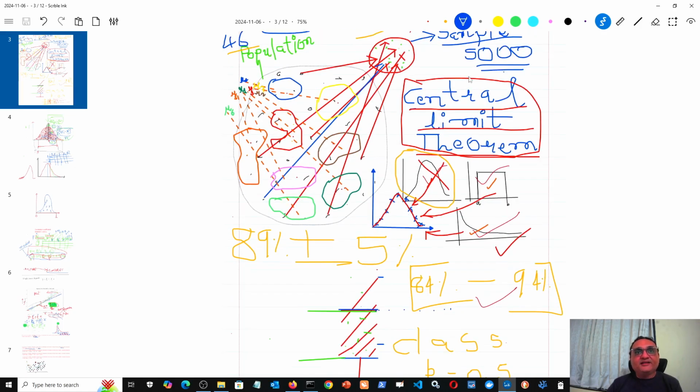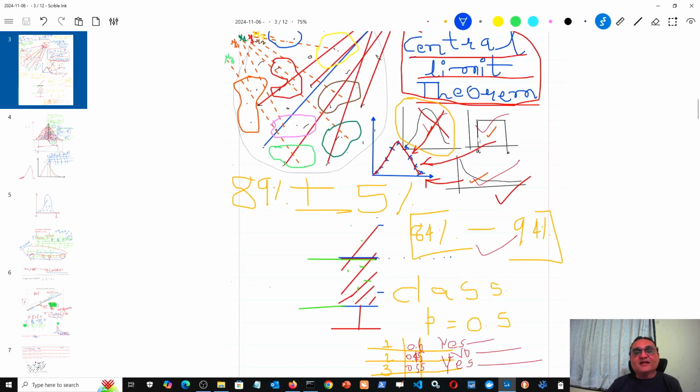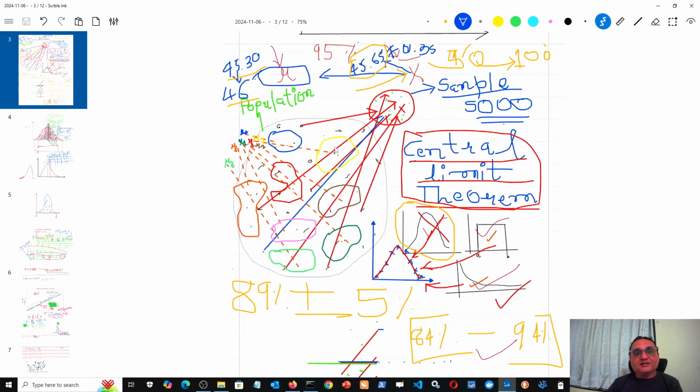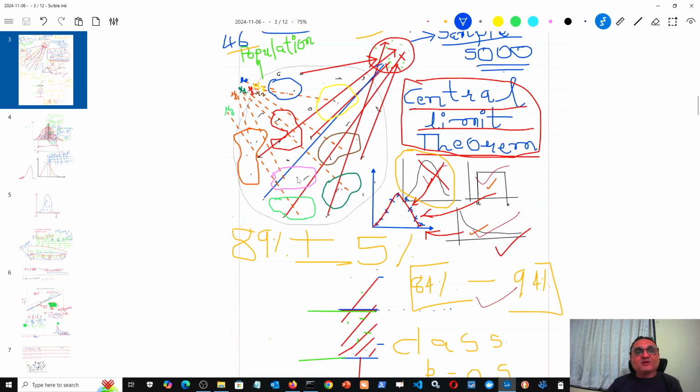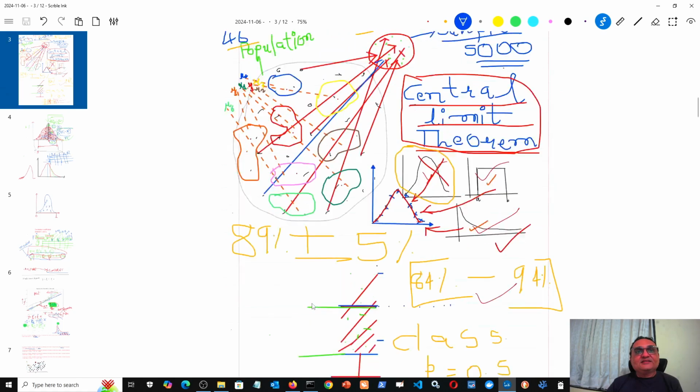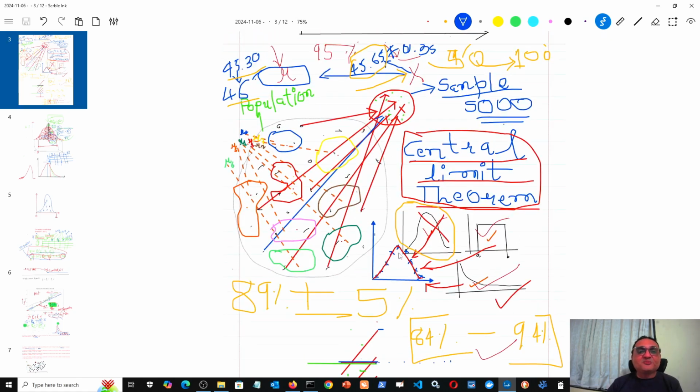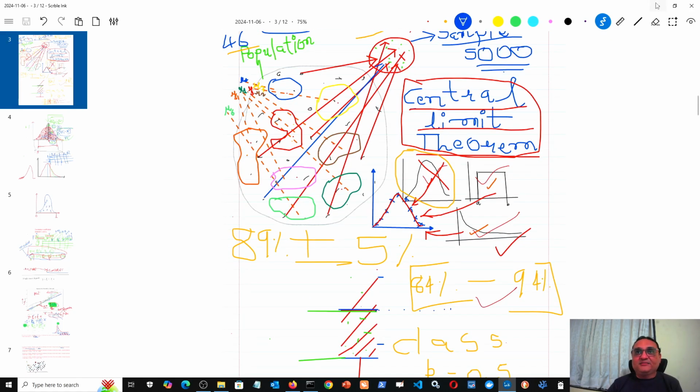Apart from that, if the mean and variance of the original population are finite, if the number of samples is sufficiently large, if each sample contains 30 or more observations, and if these observations are independent of each other, then the sample means are always distributed along the bell curve. That is what the central limit theorem says.